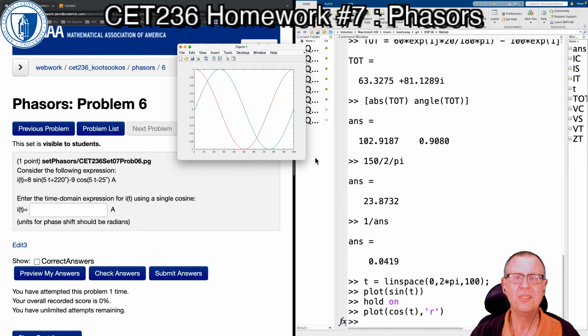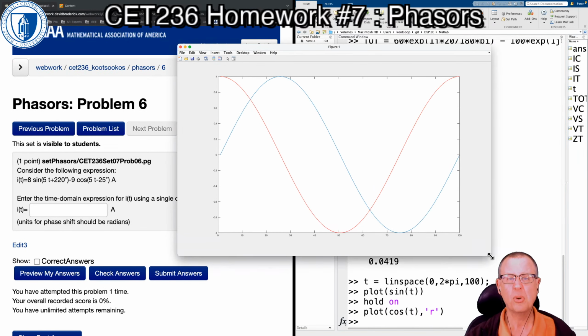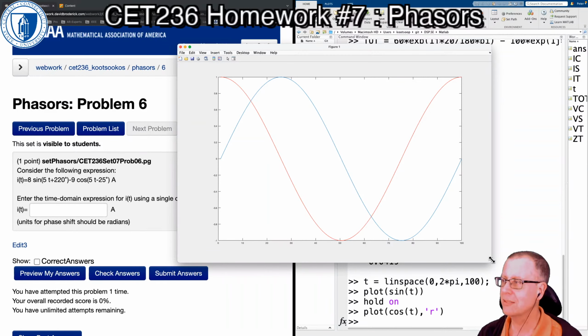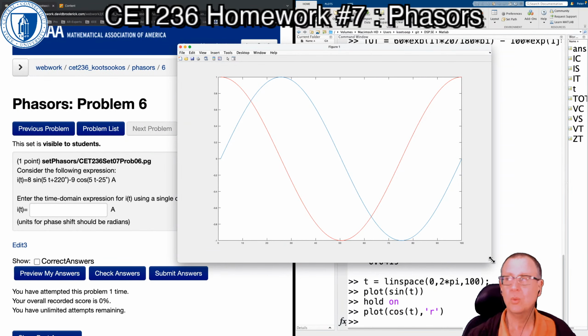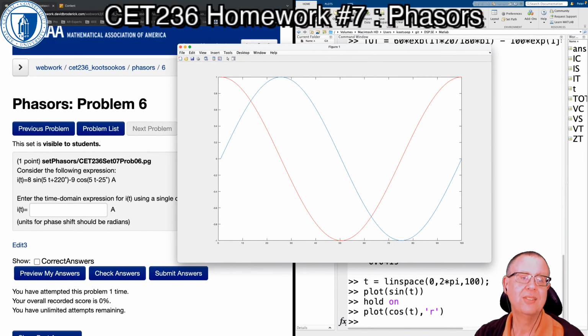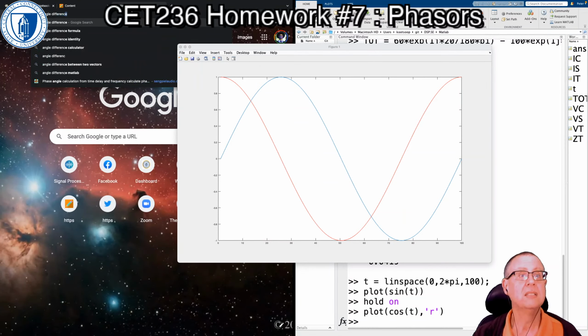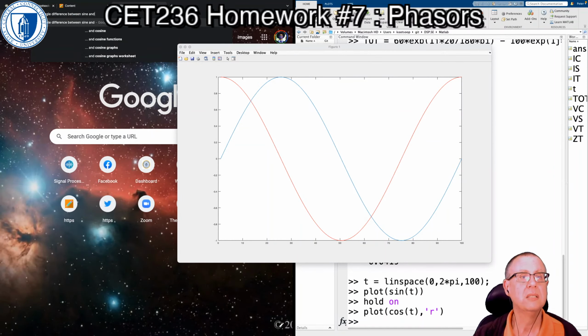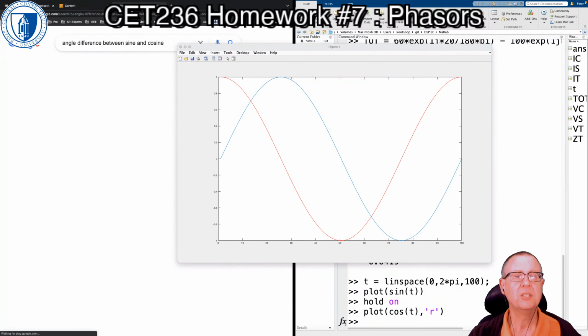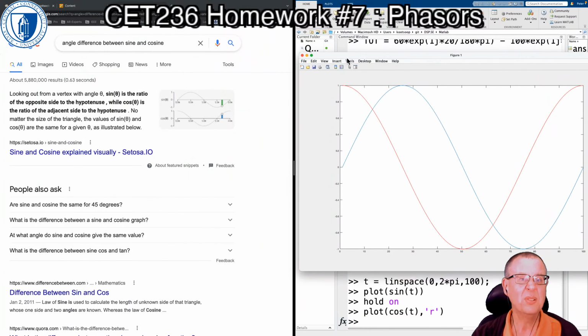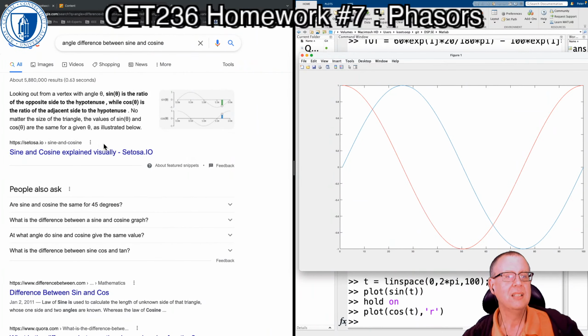Okay, so this is the problem, right? We're out of phase by 90 degrees. So how do we get from sine to cosine? Angle difference between sine and cosine, right?